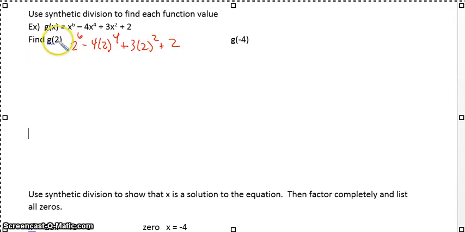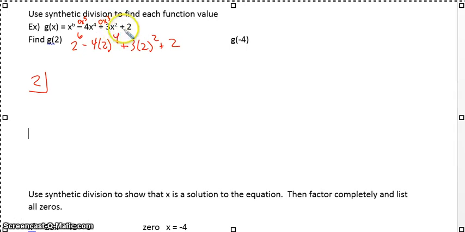So if I'm going to use synthetic division, I'll put the 2 on the outside here, and then I will list out all my coefficients like I usually do, but again I will recognize if I'm missing anything. In this case I go from an exponent of 6 to 4. I have to represent a 0 for the x to the 5th power. I also have to represent a 0 for the x to the 3rd power.